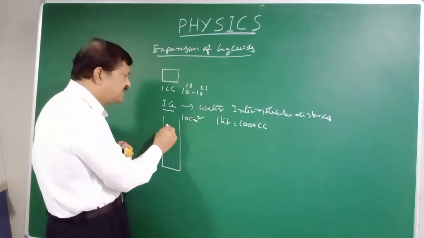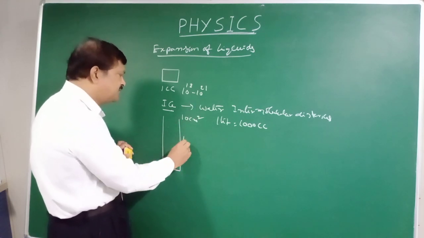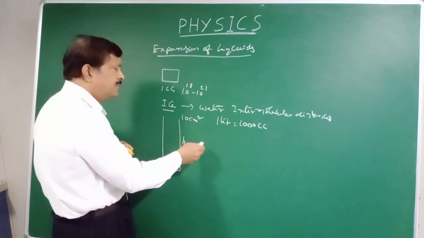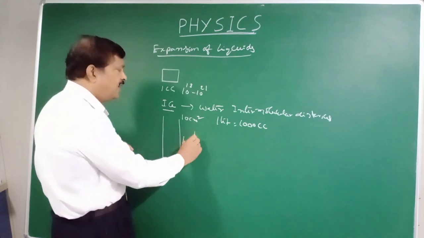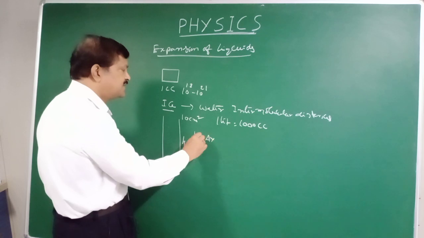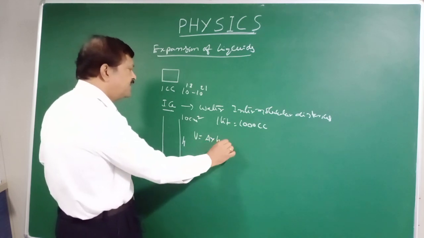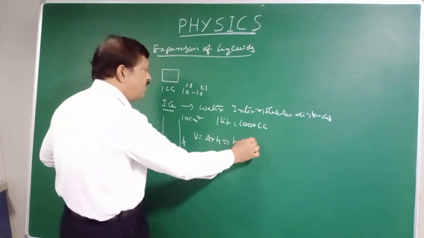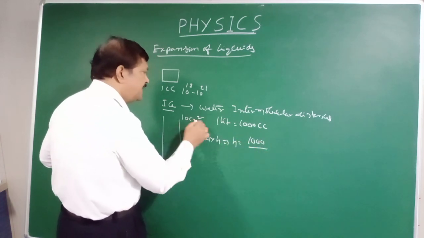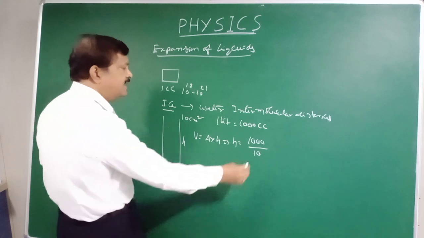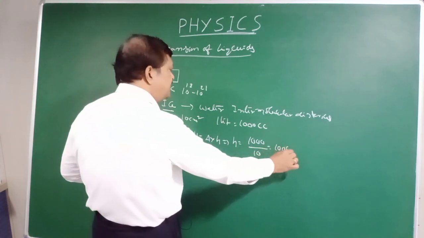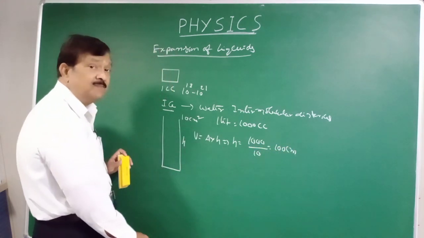So when the area of cross section is 10 centimeter square, the height of the liquid column, because it is cylindrical, volume equals area of cross section multiplied by height of the liquid column. So the height of the liquid column in this case, with volume 1000 cc and area 10 centimeter square, becomes 100 centimeters.